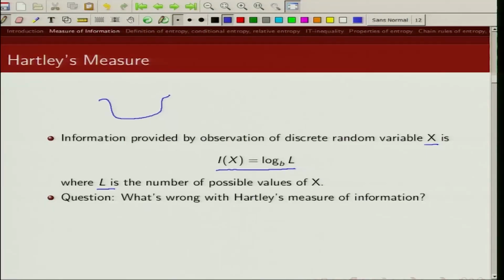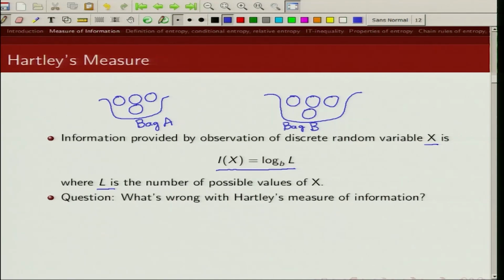Now there is a problem with Hartley's measure of information, and what is that? To illustrate, let us consider a bag containing two types of balls, blue balls and red balls. Let's say there are two bags, just call it as bag A and bag B. Each bag, let's say, has 4 balls.